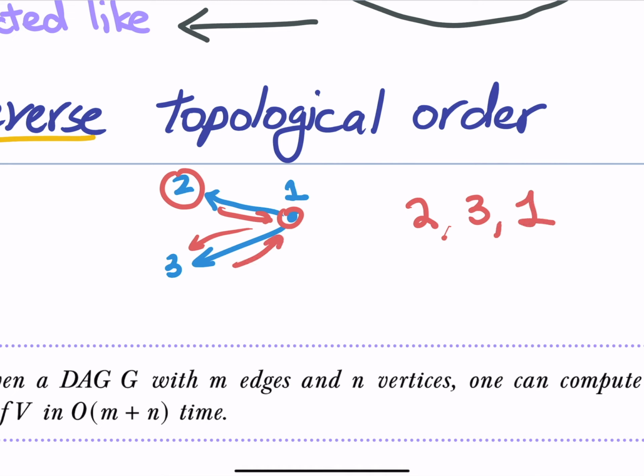If I look at what the edges look like in this ordering, I have an edge from 1 to 3 and an edge from 1 to 2. So all the edges are going from right to left. For what it's worth, the topological ordering is not unique. I can interchange 2 and 3 here, so there may be more than one topological ordering.